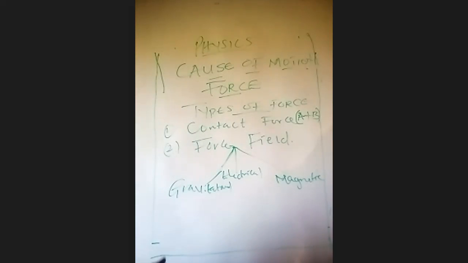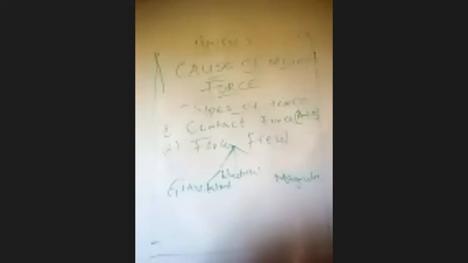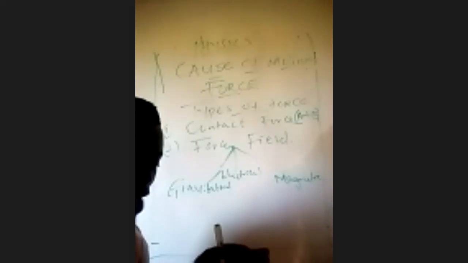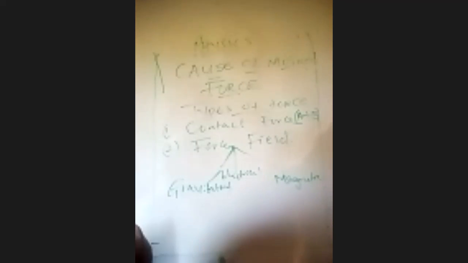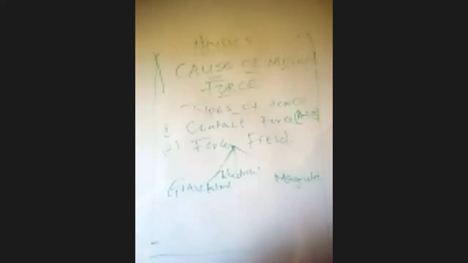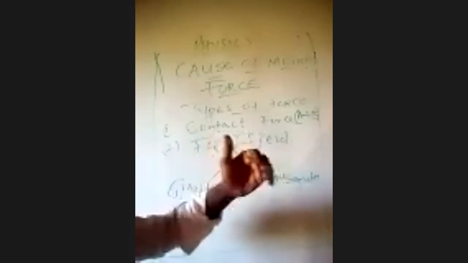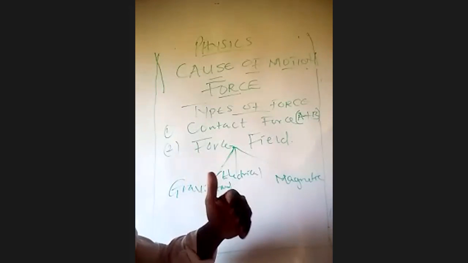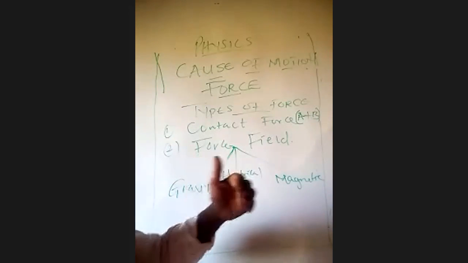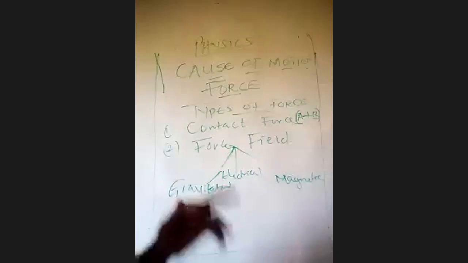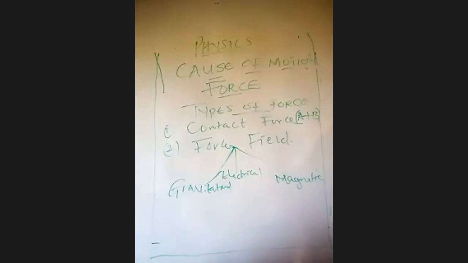When Earth is trying to attract an object to its center, the type of force applied there is gravitational force. Such a force does not need contact with the agent before it can move, so we refer to it as force field.